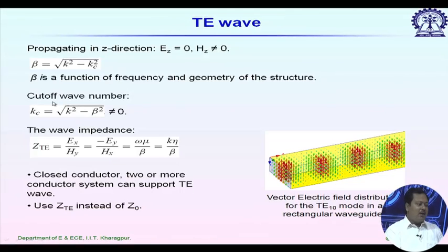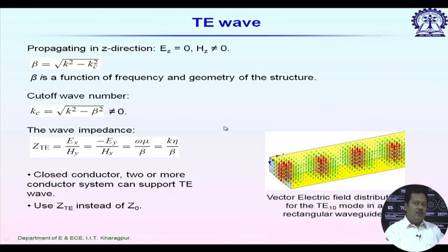So we have a cutoff wave number that can be given by the square root of k square minus beta square, which is not equal to 0. So it can't support DC, it has a cutoff frequency and it will support electromagnetic wave propagation only above that cutoff frequency.